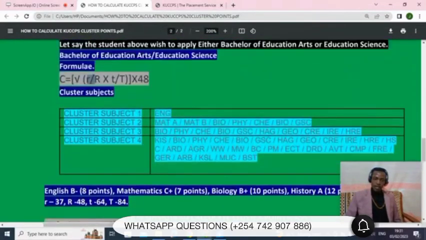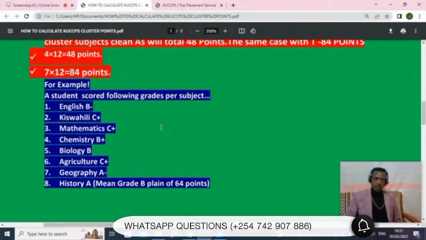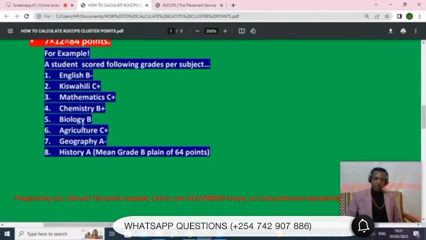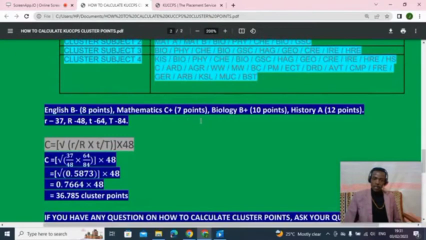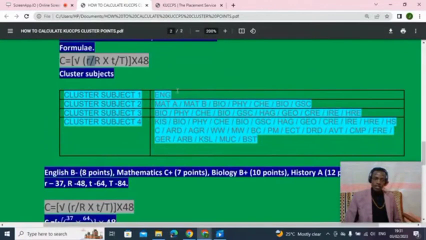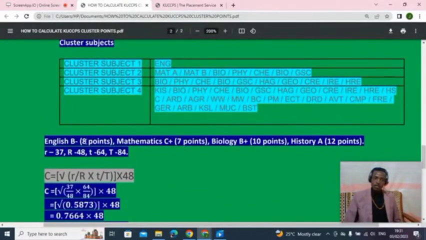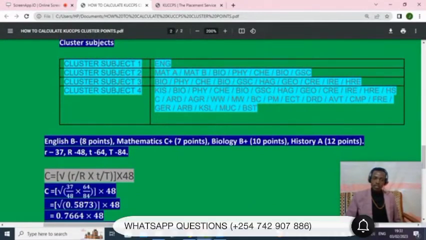In our case here, for our student, English is B minus, mathematics is C plus, biology B plus, and history A. Therefore, in cluster subject 1, English is compulsory, therefore 8 points should be included. In cluster subject 2, it is either mathematics or science.